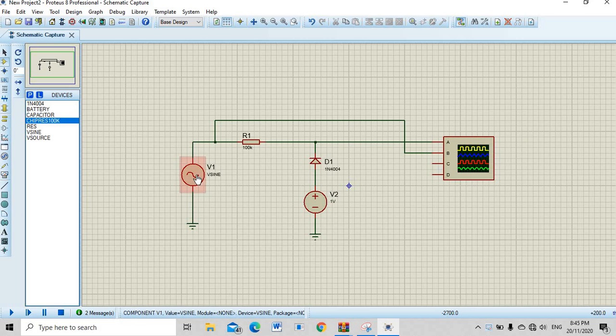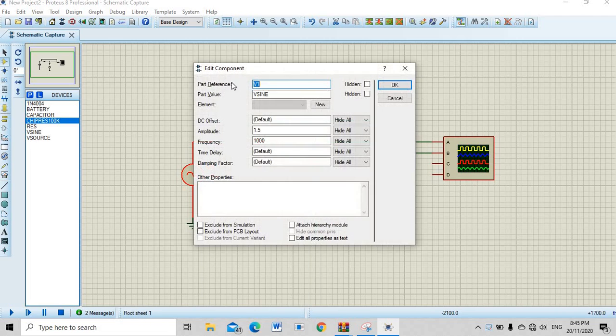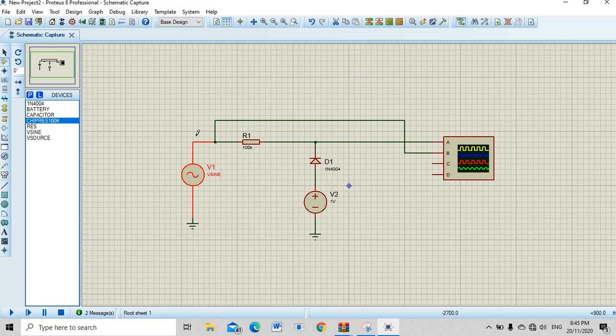The value of the V sine source is set to 2.5. The amplitude is 2.5, as V peak to peak is 5, divided to get the V peak value, which is 2.5. Frequency we set at 1 kHz, same as 1000 Hz, for the V sine wave.